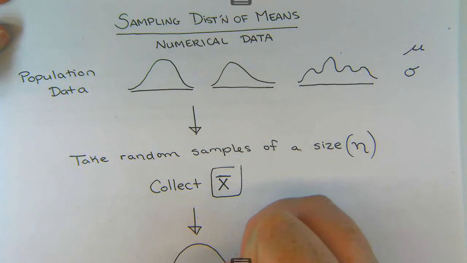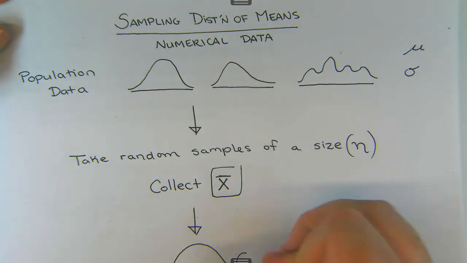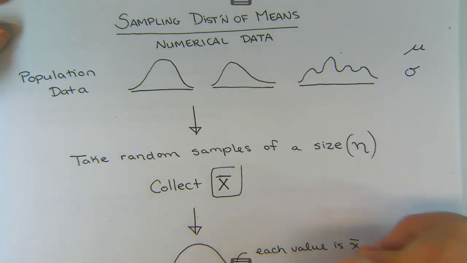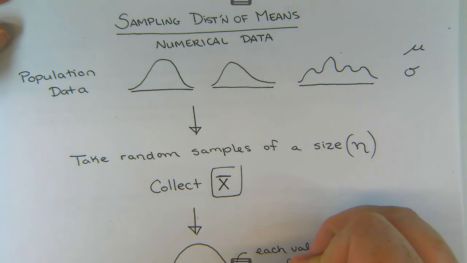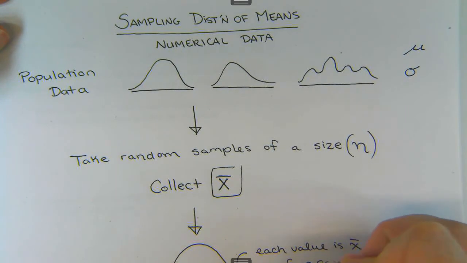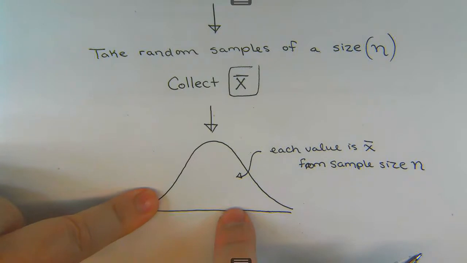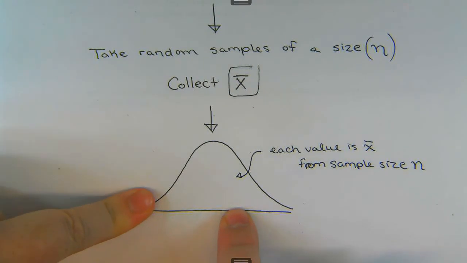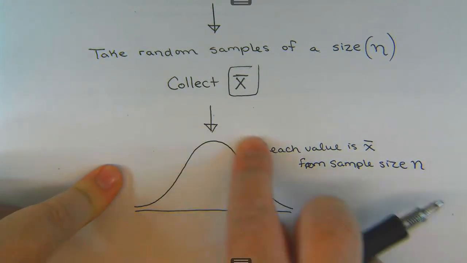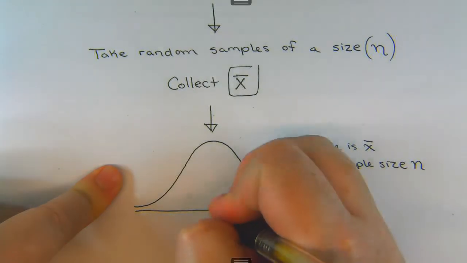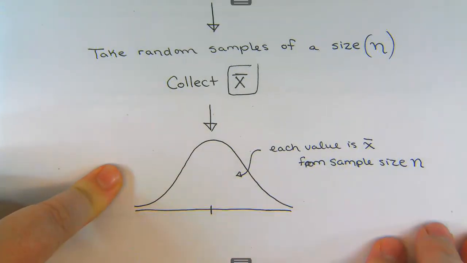So everything that's under this curve, if we imagine if this was a dot plot and there were all these teeny little dots in here, each value is a sample mean from sample size n. So keeping that sample size the same, each of these values is a different sample mean that we have there. So with all of these sample means that we're collecting, we want to understand how does this distribute? Where is it centered? And how does the standard deviation behave?